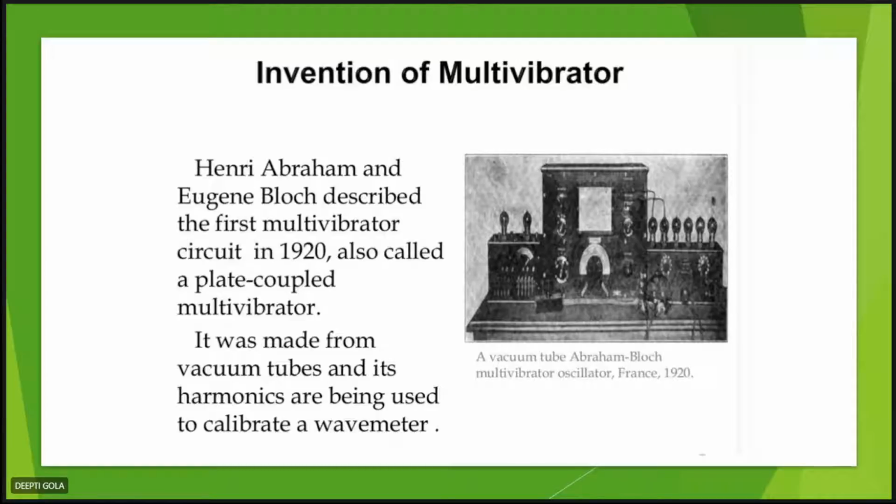Initially it was made up of vacuum tubes, because in 1920 bipolar junction transistors were not in existence. So at that time people used to work on vacuum tubes. Using those vacuum tubes, the first multivibrator was invented, and its harmonics were used to calibrate the wavemeter.